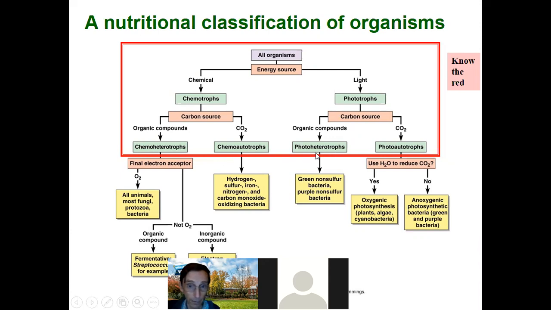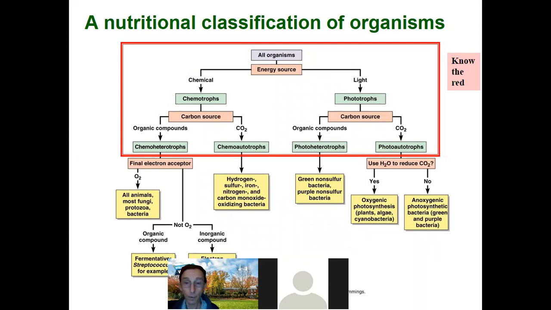And then the photoheterotrophs you probably never heard of. That's the green non-sulfur bacteria or the purple non-sulfur bacteria. They get their energy needs from light, but they get their carbon from an organic chemical compound such as glucose. Any question about any of that?